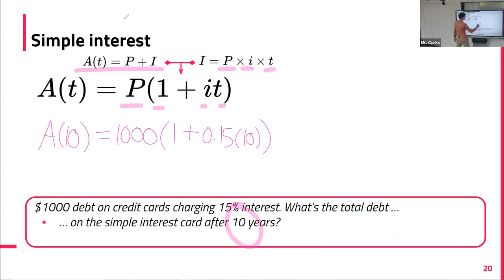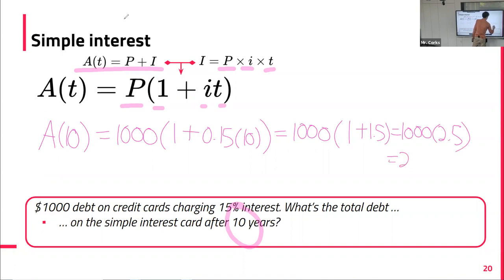So here, 1,000 times 1 plus 1.5, 1,000 times 2.5, 2,500.